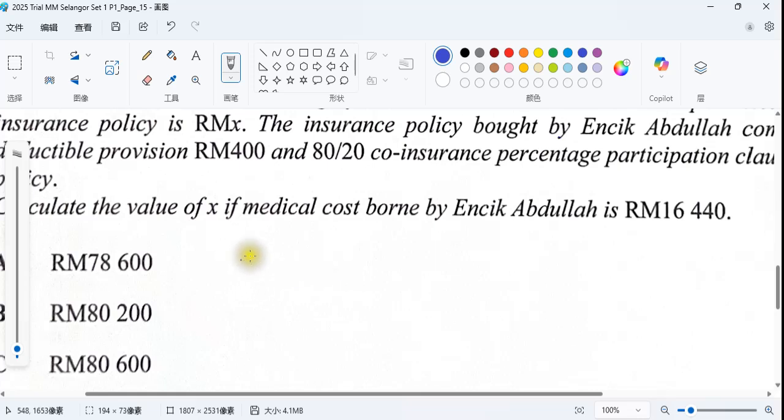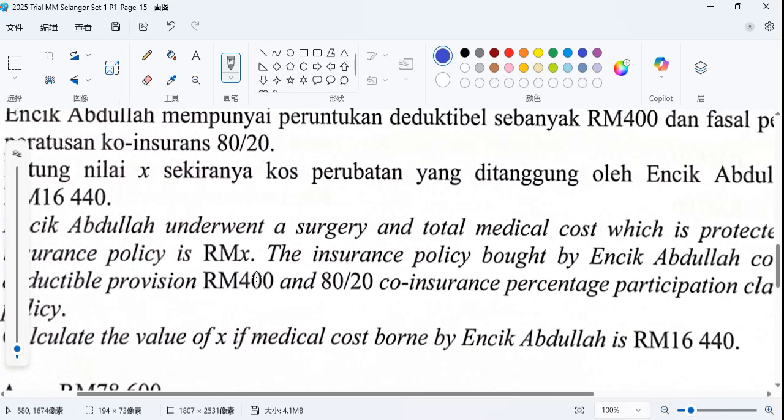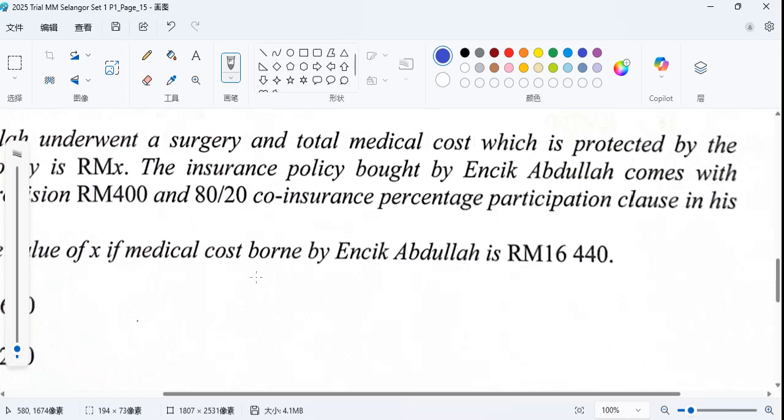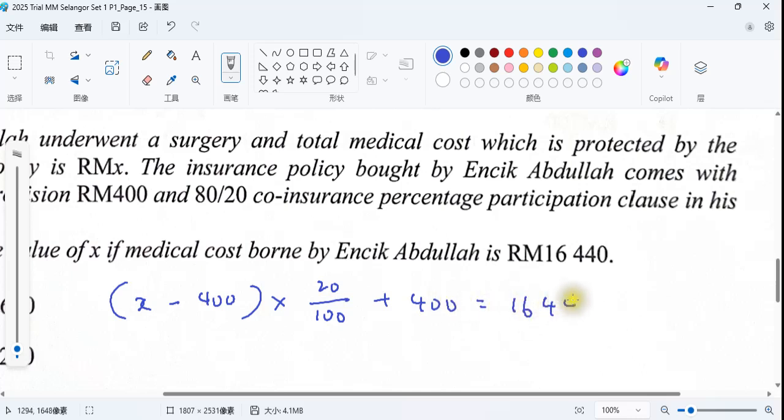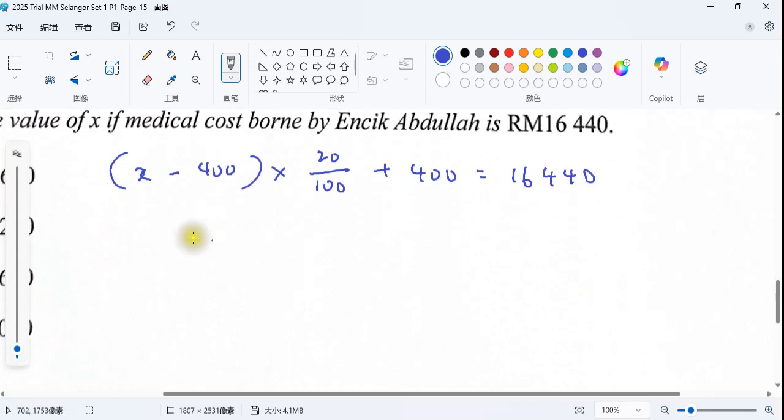So the medical cost is X minus 400, multiplied with 20%, plus the 400 is 16,440 covered by the policyholder.